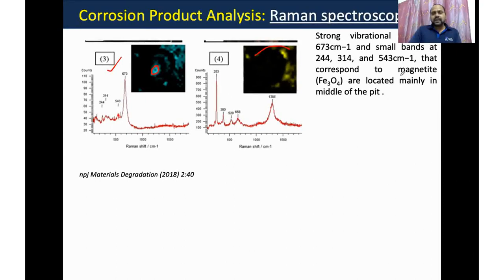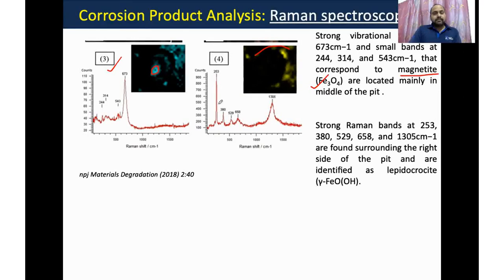All these correspond to the magnetite phase, meaning Fe3O4 is present at the center of the pit. But the peak positions in the second sample come at 253, 280, 529, 658 and 1305 cm^-1, and that is something else. This is lepidocrocite, which is gamma-FeOOH. So now you can see, by doing Raman analysis at two different positions, the difference in corrosion products.